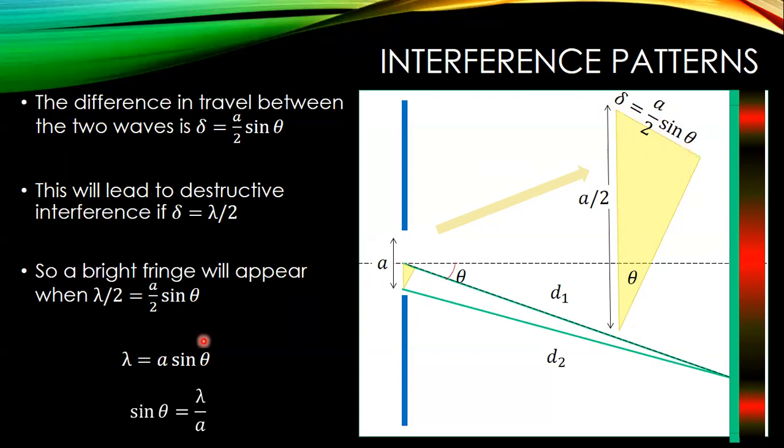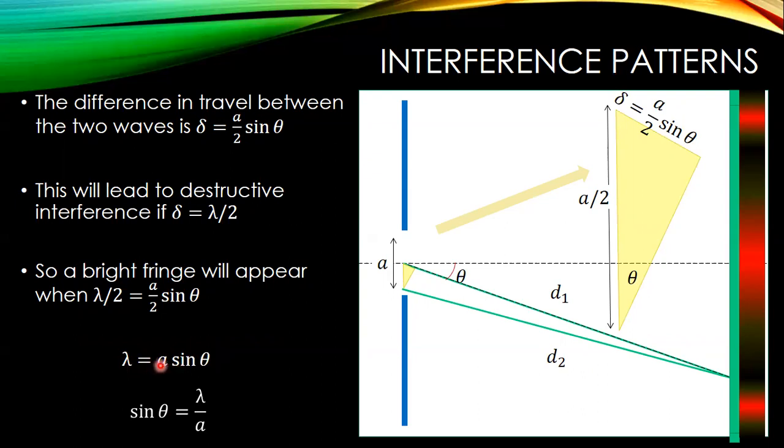So for the conditions of destructive interference, we want the wavelength divided by 2, the path length difference, to be equal to a over 2 times sine theta. I can multiply both sides by 2. I get that lambda is equal to a sine theta.